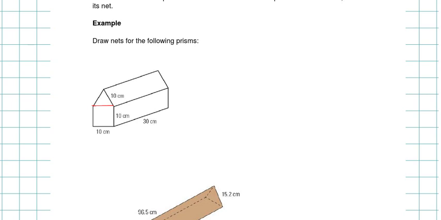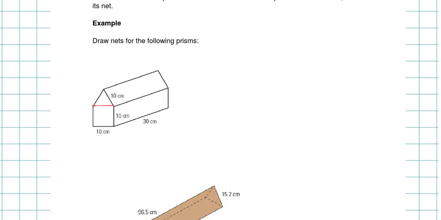Okay, so if I'm going to draw a net, how many rectangles do you see? Or how many rectangles do you think we have? 5, right? So you have 1, 2, 3, 4, and the bottom is 5, right? And then you'll see that we have the two, what we call a pentagon, right? So I can draw this like this.